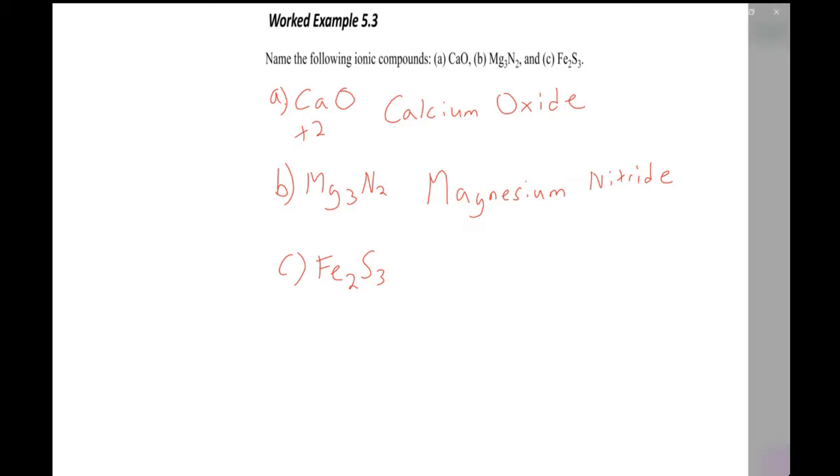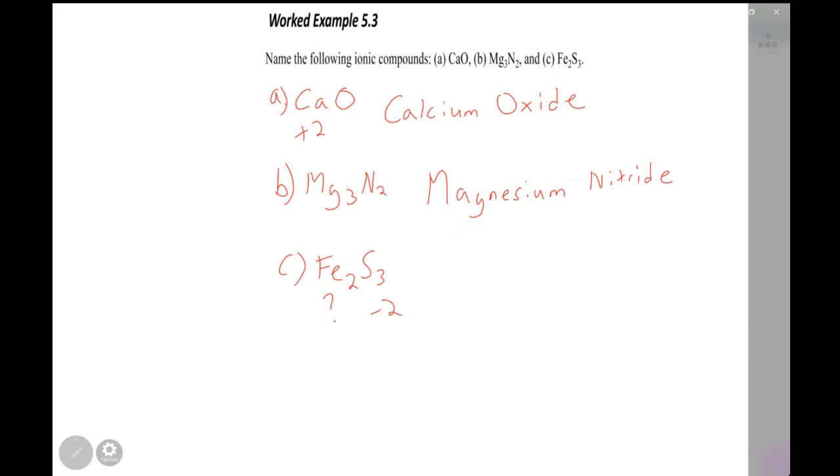So how do we do that? The first thing is iron is a transition metal, so that means it can have more than one charge. So I'll just put a question mark there. I don't know what the charge is going to be. Then I have to decide, okay, sulfur. What ion can sulfur have? Well, it's under oxygen, so I know sulfur can probably be -2.